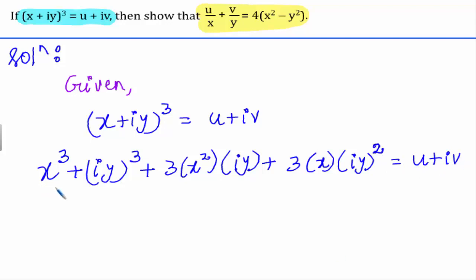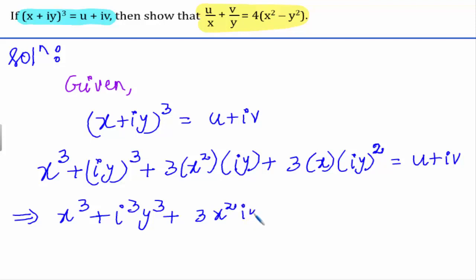Here we have used the identity (a + b)³ is equal to a³ + b³ + 3a²b + 3ab². This implies x³ + i³y³ + 3x²iy + 3x i²y² is equal to u + iv.